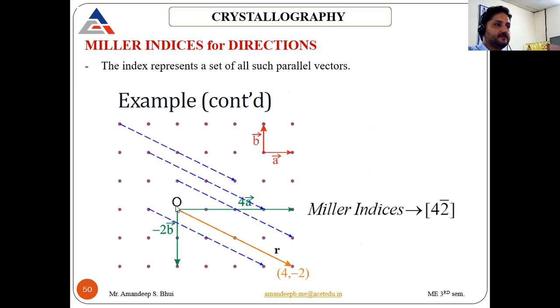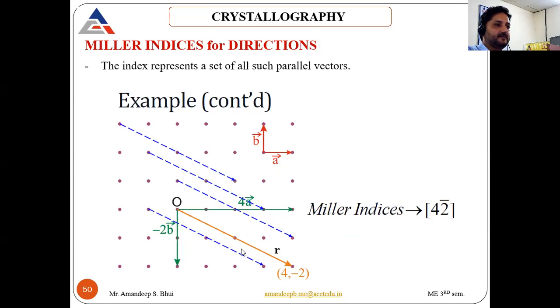Now in this two-dimensional plane, the Miller indices start from the origin 0. This index represents a set of all such parallel vectors. So all the vectors that are parallel to R can be reduced to this Miller index, that is 4, minus 2.